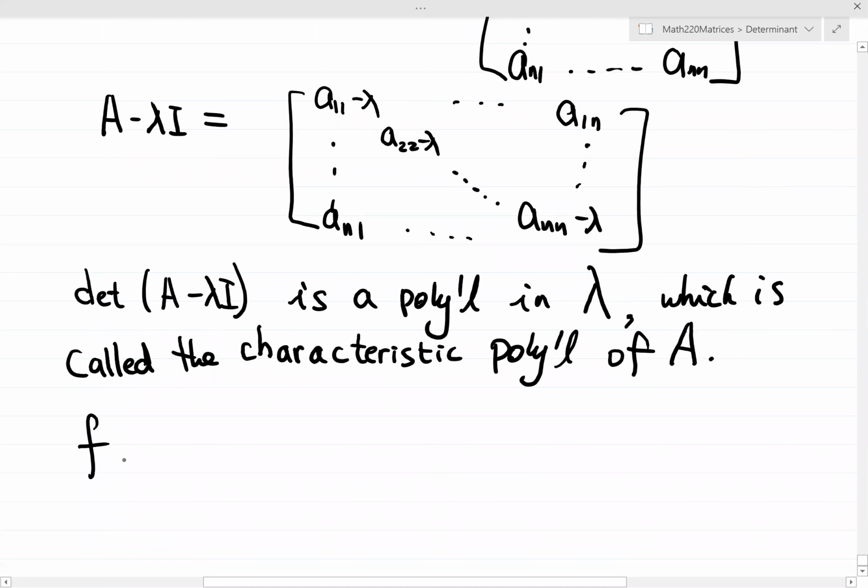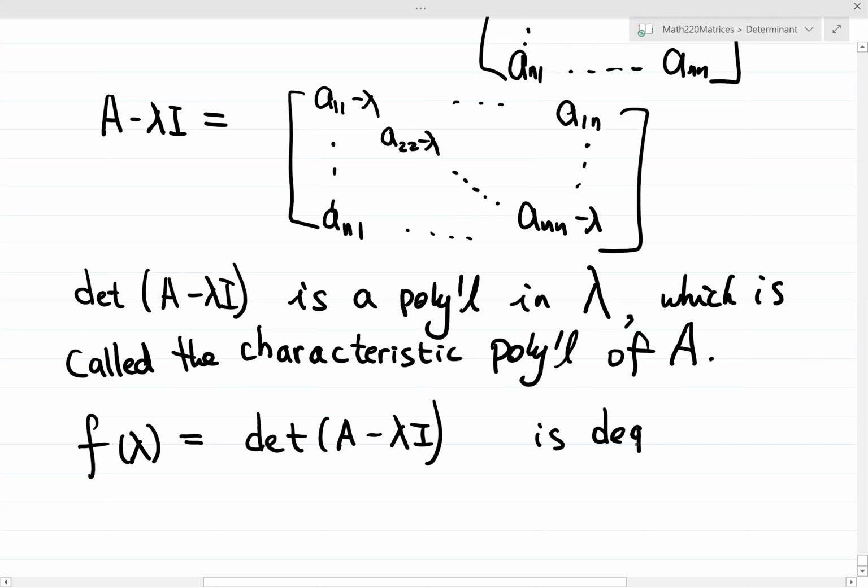So if we write f(lambda) as this polynomial, the determinant of A minus lambda I, it is of degree n.